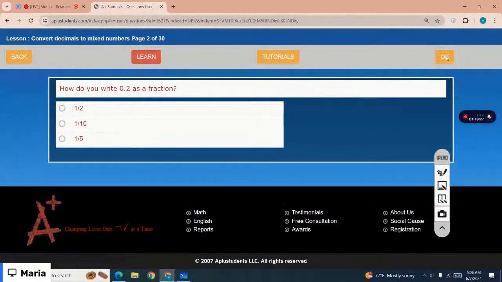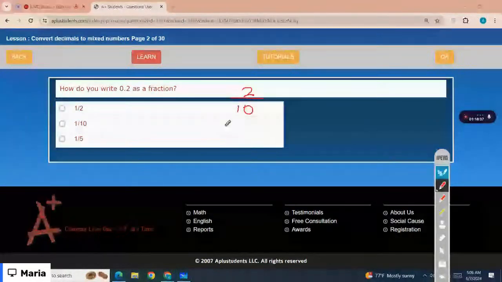The next one is how do you write 0.2 as a fraction? So that is, yes, again 2 by 10 because you have only one digit. So that is 2 divided by 10. Divide them by the greatest common number, that is 2.